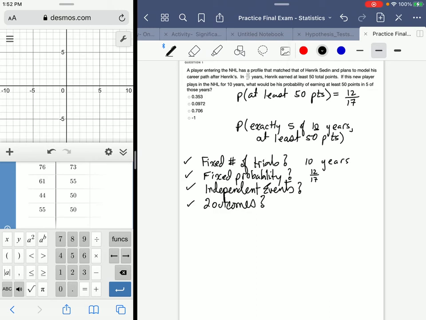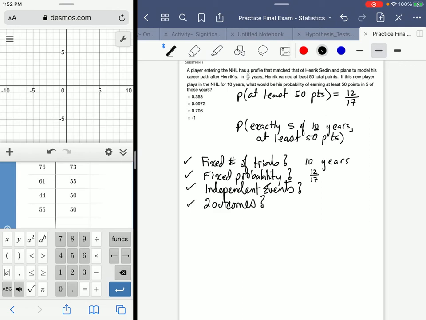So we know it's binomial probability, so I would want to set up my notation. In this case, it's multiple choice, but we want to be prepared to show a little bit more work.